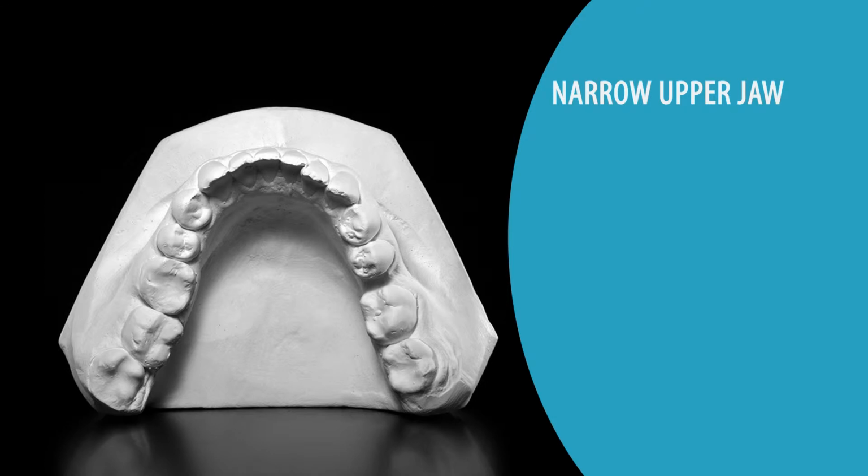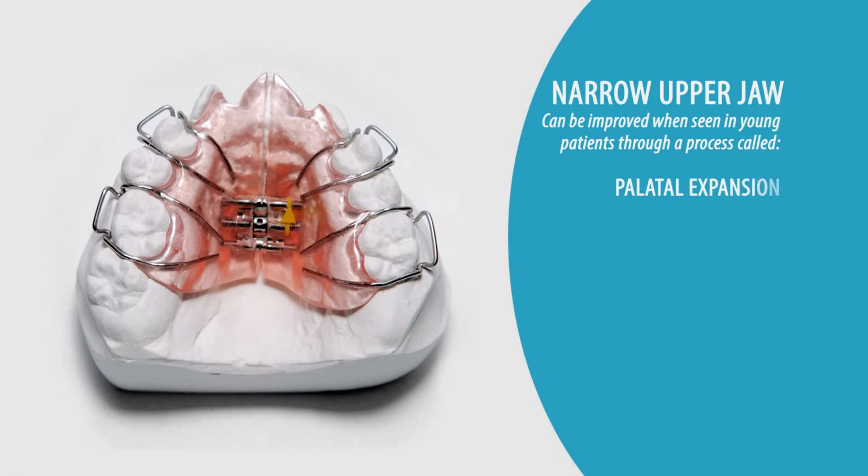One that is fairly common is that we may see an individual whose upper jaw is very narrow. When we see this with young patients, we can improve upon that by doing a process that we call palatal expansion.